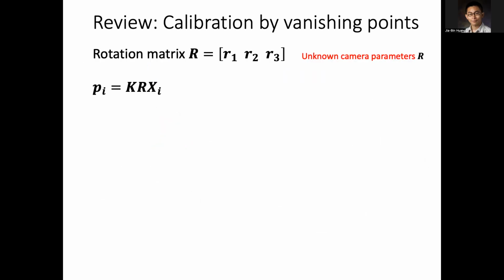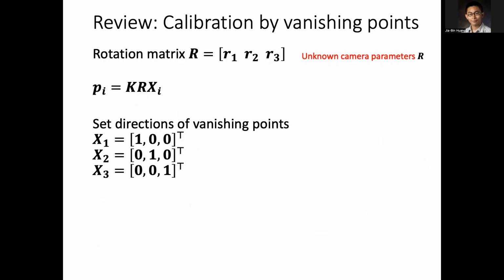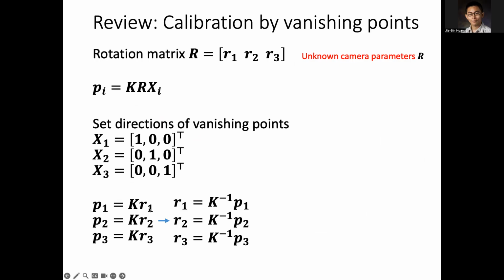rotation matrix. Think about this rotation matrix as 3 columns, where each vanishing point is in either the 1, 0, 0, 0, 1, 0, or 0, 0, 1 direction. So if you plug this x1 into these equations, you get p1 equals k r1, because if you multiply a rotation by 1, 0, 0, what it does is just pull out the first column, right?